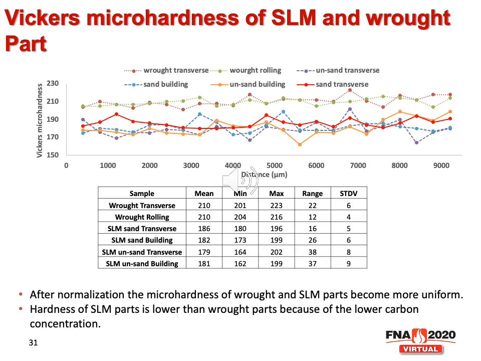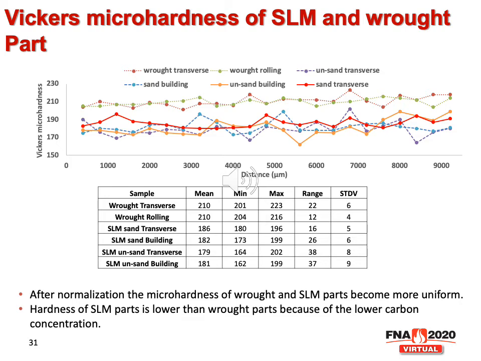For the wrought part, the Vickers micro-hardness line scan was conducted on the transverse and rolling directions, and the results are very similar in both directions. Also, it becomes more uniform after the normalization process. What we found is that the average micro-hardness of the normalized wrought part is higher than that of the normalized selective laser melted part.